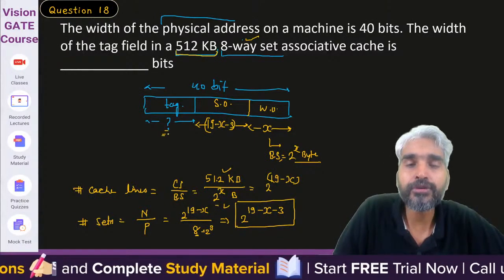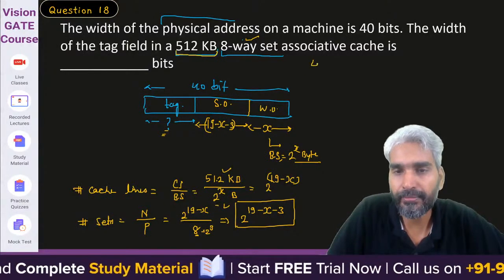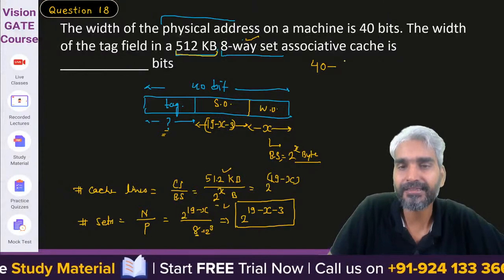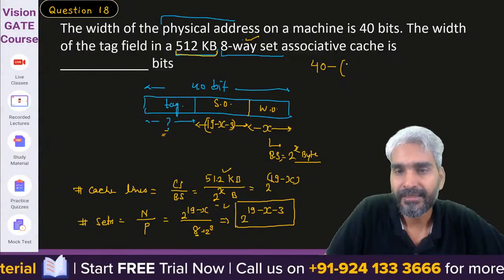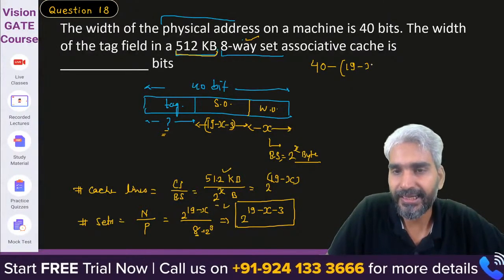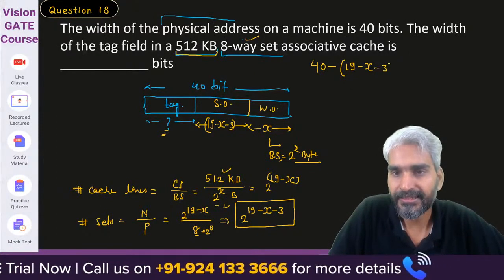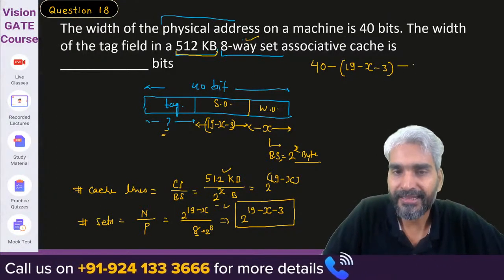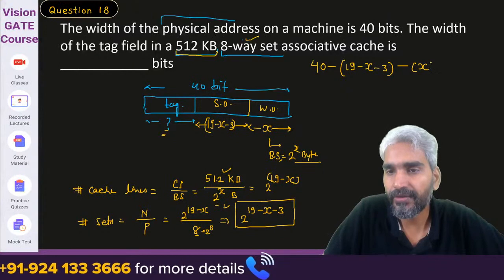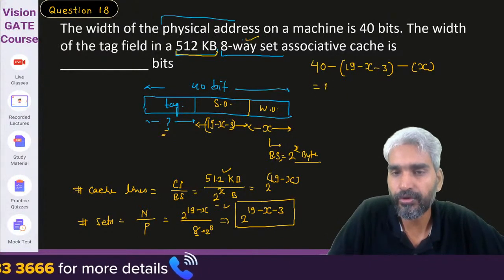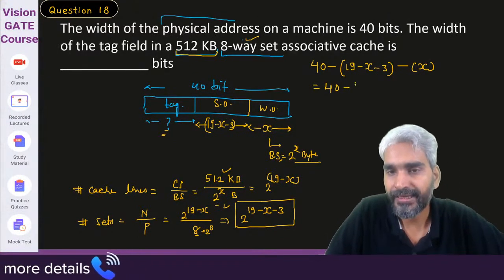How many bits will be there in the tag? Number of bits in the tag will be 40 minus number of bits in the set offset, that is 19 minus X minus 3, minus number of bits in the word offset, that is X. What is this value? 40 minus 19.